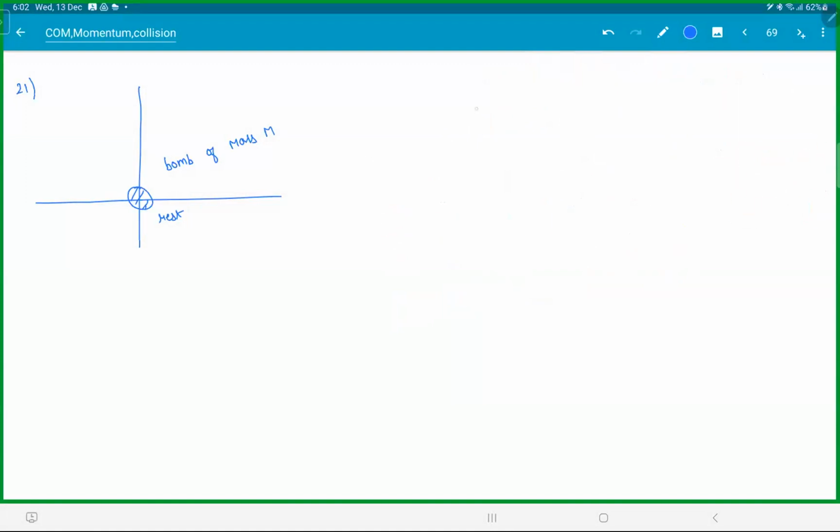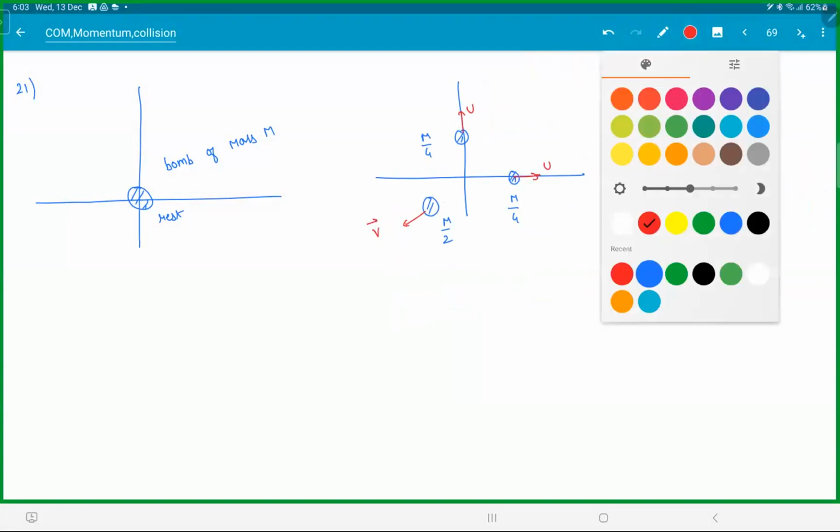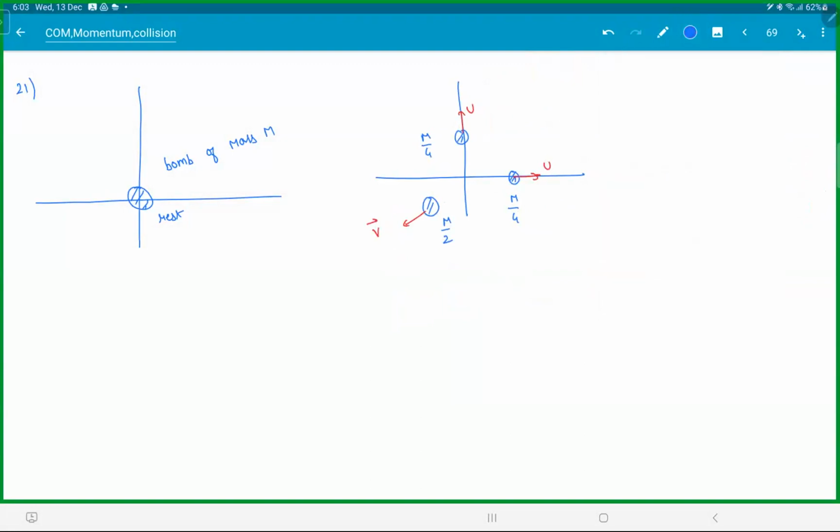So this is how it looks initially after explosion. One m/4 is going with u, another m/4 is going with u, and this is going with some velocity v bar. I don't know the velocity of this thing. The first important thing here is, since explosion has internal forces, it does not affect the center of mass.